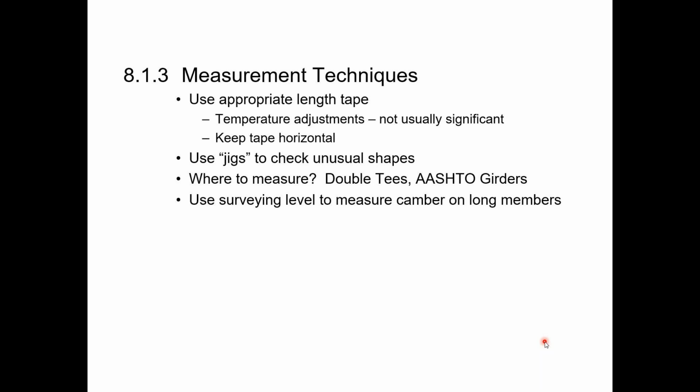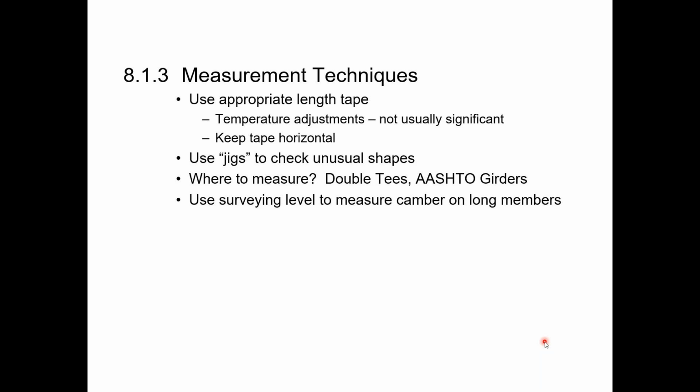If you're measuring a double T that's 115 feet long, or a bridge girder that's 115 feet long, don't use a 35-foot tape and have to measure every 35 feet. You're building in error. It'll be really difficult to measure that accurately. Use a tape measure that's longer than the piece is, so that you can make that measurement in one measurement.